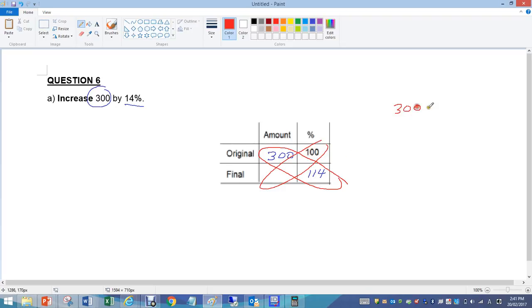So 300 times 114, or you could do 114 times 300. It doesn't matter which order it goes in. So that's the first step. Multiply your completed diagonal, then you divide by the number that hasn't been used. So we use that one times that one, so divide by the unused number, and that will give the answer that goes in this box.